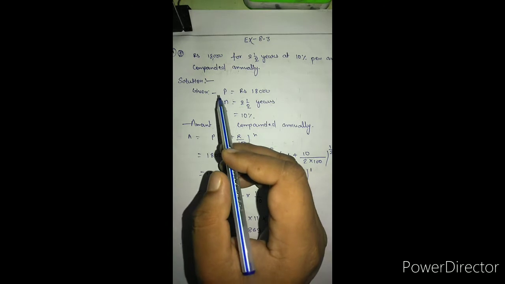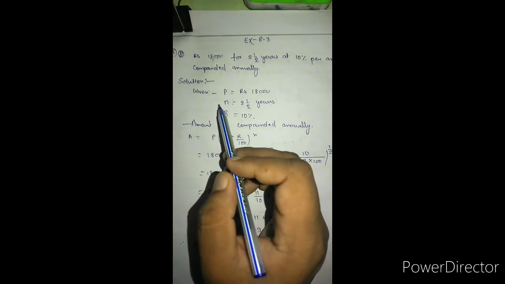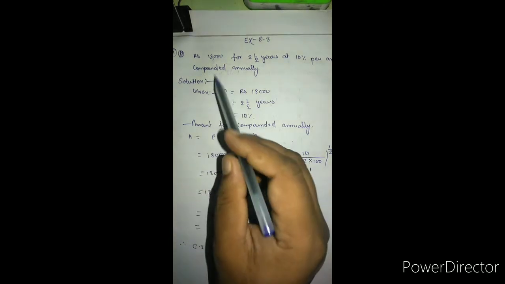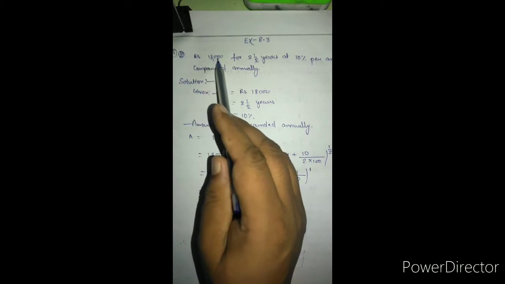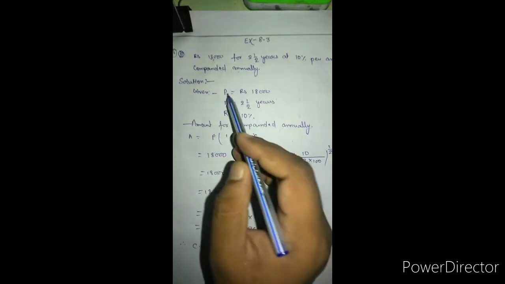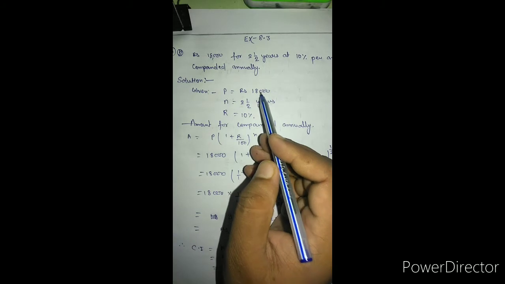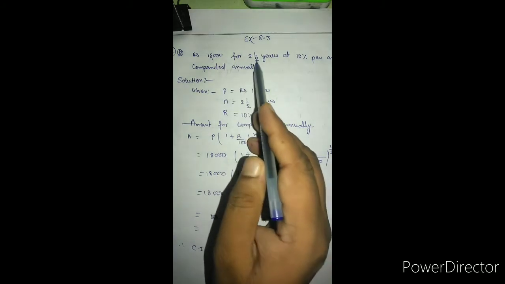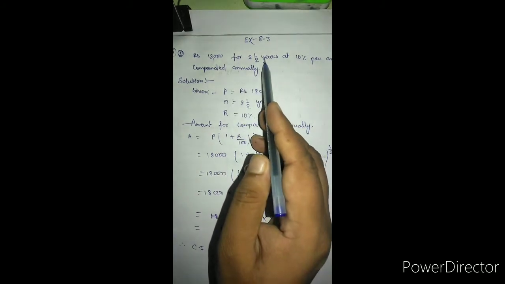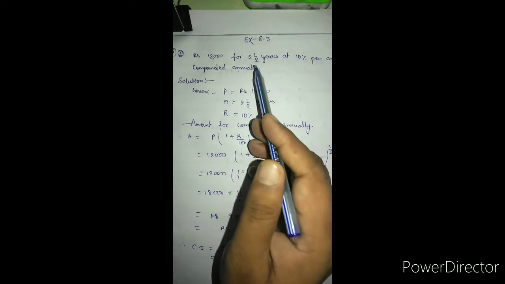Okay, so look here at the solution. First of all, write down the given. What is given here? This rupees 18,000 is the principal amount, so P is equal to rupees 18,000 for 2 and 1 by 2 years, which is the time, or you can say the number of years.